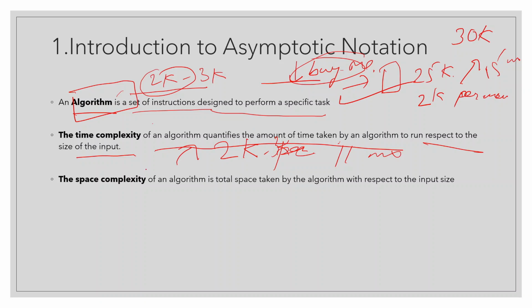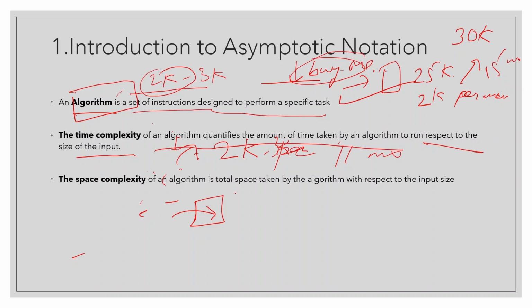Same like that, what is the space complexity? If a machine is executing something, it needs some space to execute its tasks. For example, to execute some program, it needs some space to perform this task.